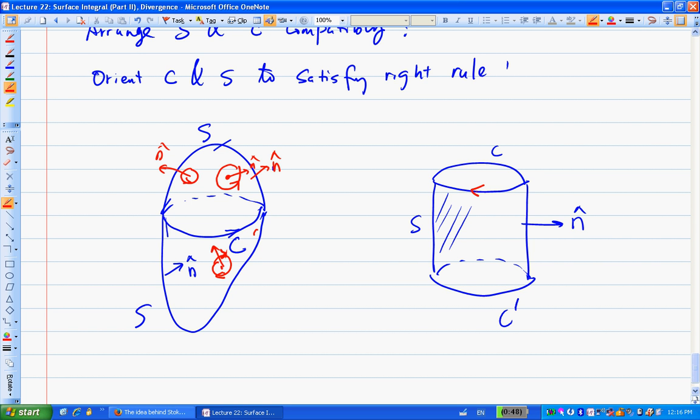The other way is to draw a circle here. So the top one matches this, and the bottom one matches this. Circulation. Any questions?